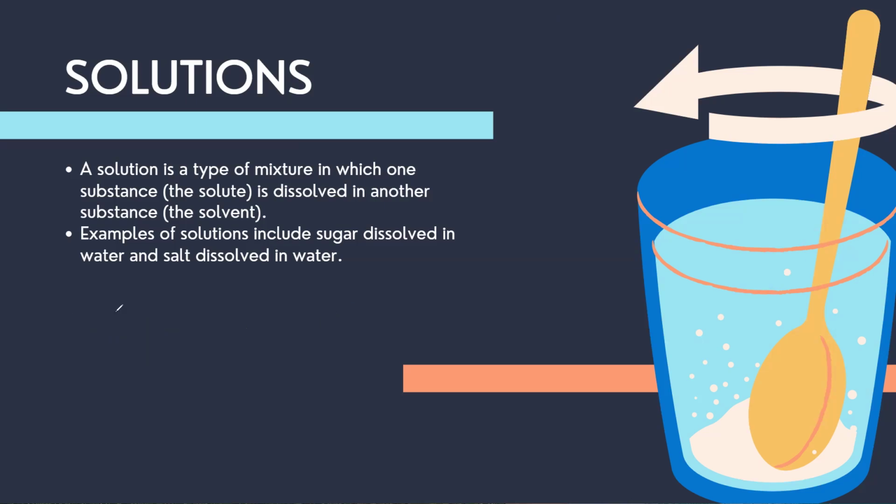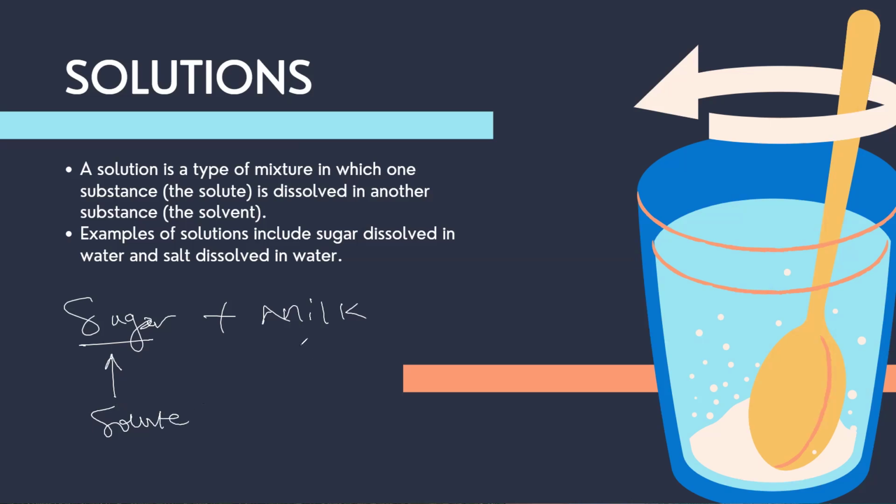Yes, sir. Okay, beautiful. So what I was saying is, if I have a solution now of sugar and milk, I want you to tell me which one is the solute and which one is the solvent. Sugar is the solute and milk is the solvent.